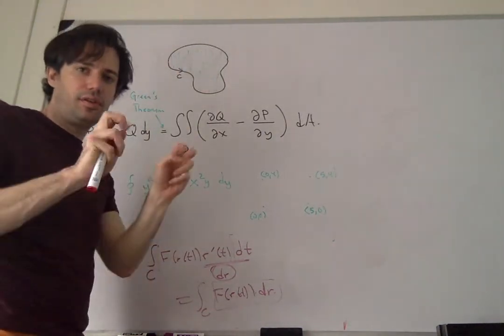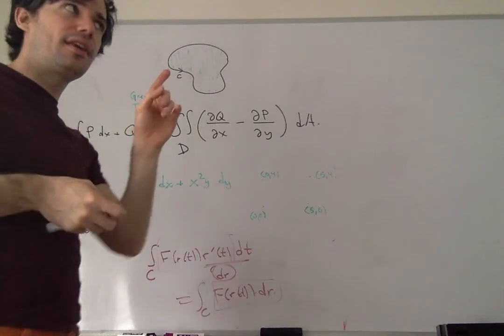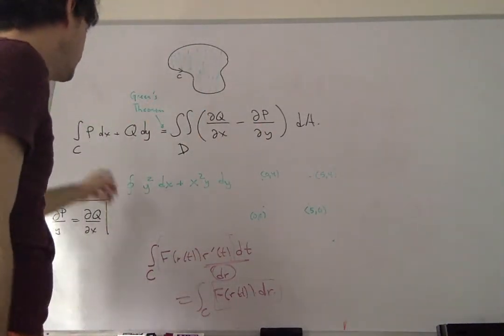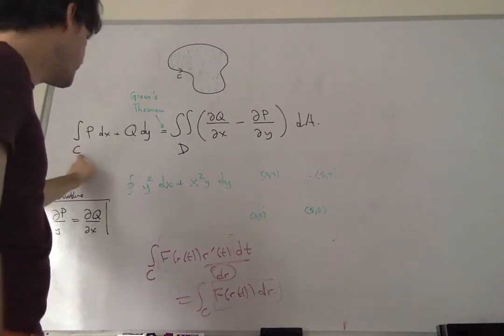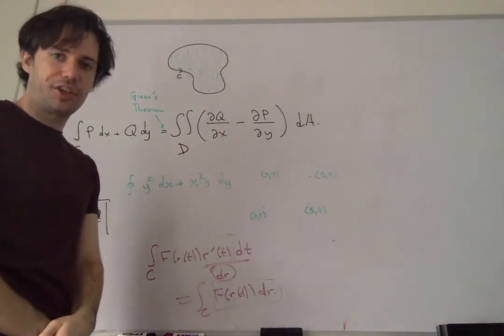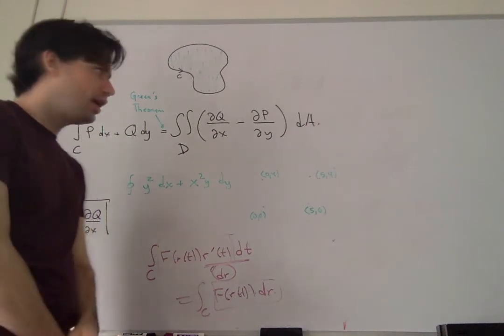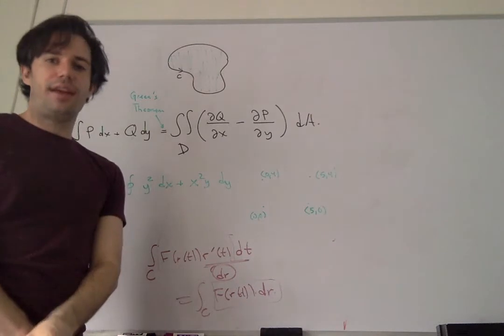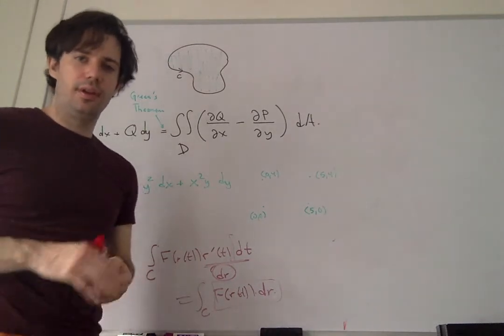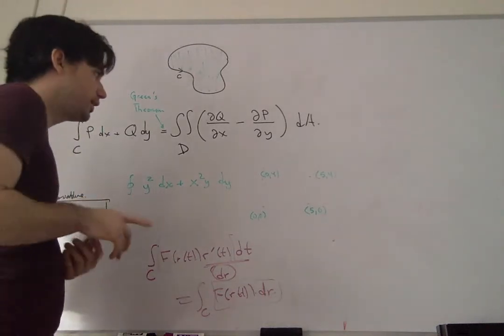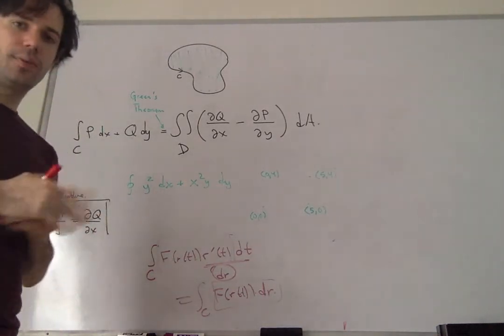So we're passing the derivative to the inside and doing it to the function instead. Why can I think of the boundary as a derivative? Well, that's a little deep. That would require us going further into higher order mathematics, but just trust me.